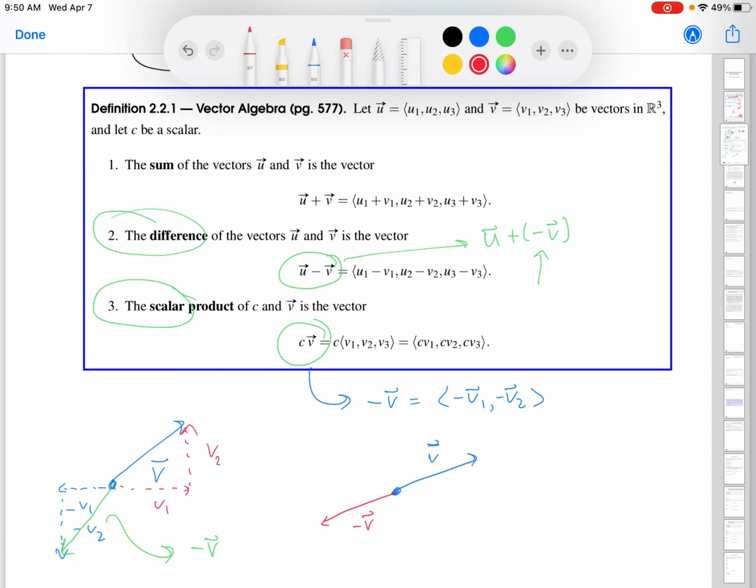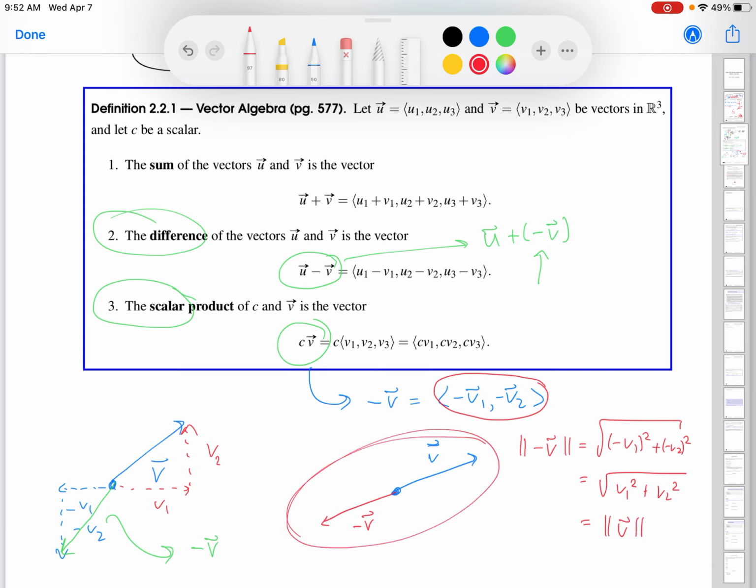We do not change the length of the vector, because notice that if I were to calculate the norm of negative v, it's the square root of the x component squared plus the y component squared. And when you square the negative 1, it goes away. So this is the norm of v. These two vectors have the same length. They differ, though, in the fact that they point in the opposite direction of each other. And that is exactly what we mean by negative v.